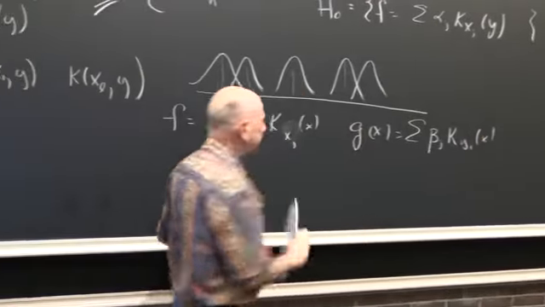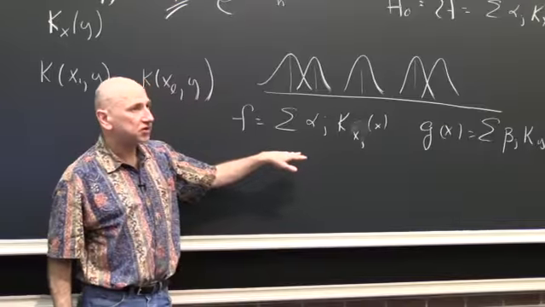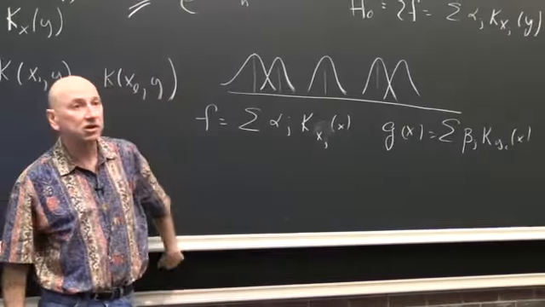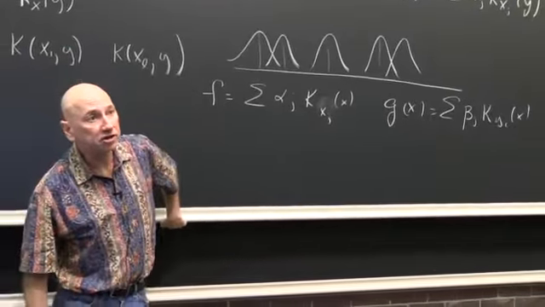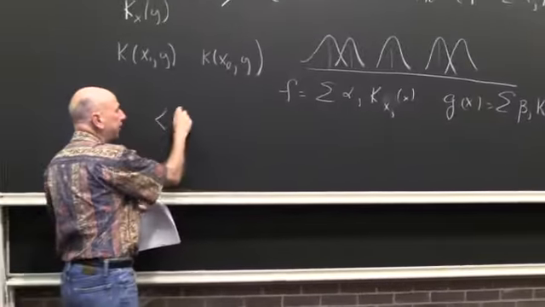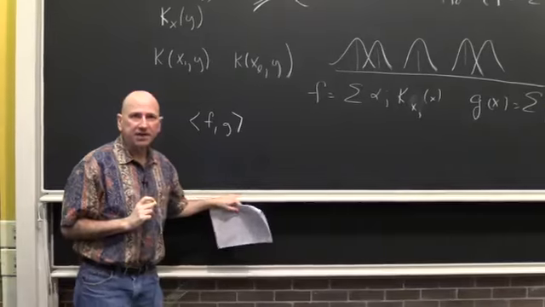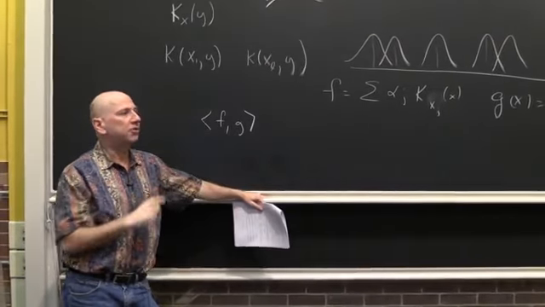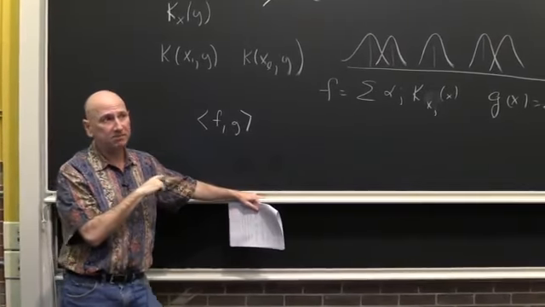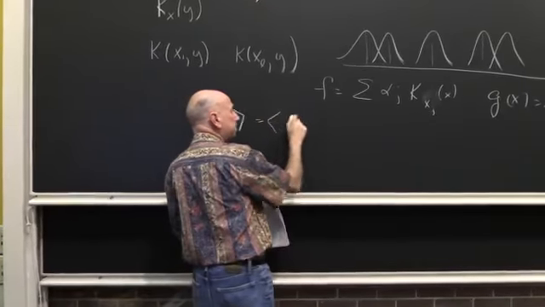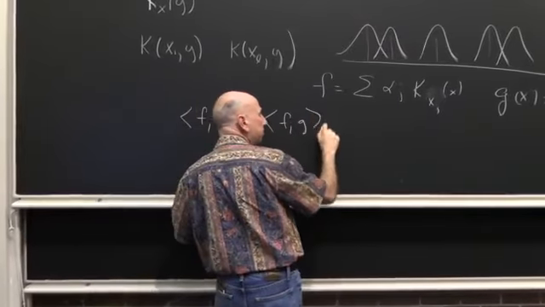Any two functions like this, right? By definition of this function space, any two functions are linear combinations. I'm going to define the norm. And now we have to be really careful because a lot of us have a tendency to just write this sort of inner product, not the norm. A lot of us write it like this, but to be careful, we should write it like this, with respect to a particular kernel.